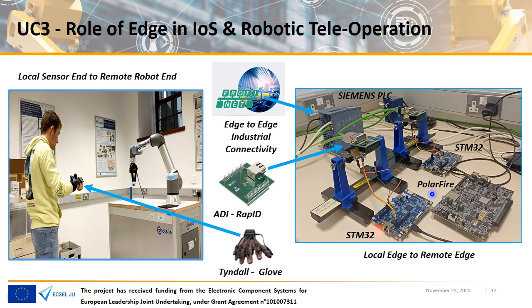But that is really the edge-to-edge infrastructure that we've set up in our lab, and in the future we'll be testing that, and particularly aiming to address and identify how latency can be improved when we want to send a signal from one edge device, one edge part of the platform, to the remote edge part of the robotic teleoperation platform.